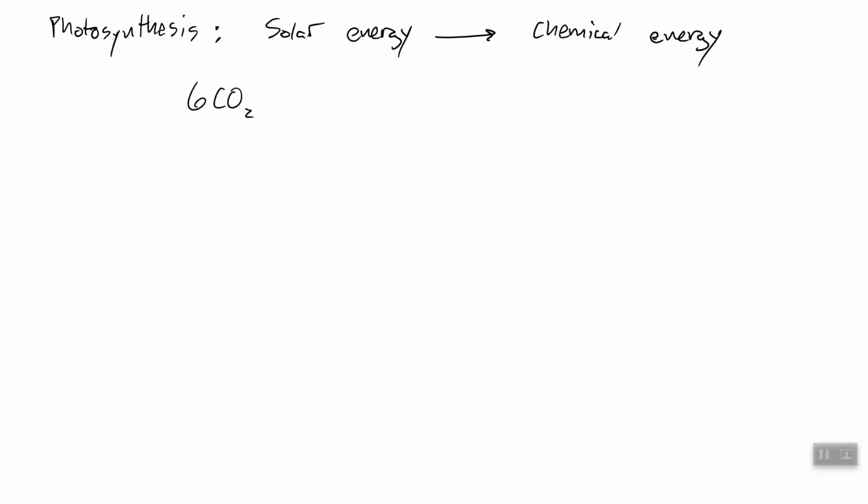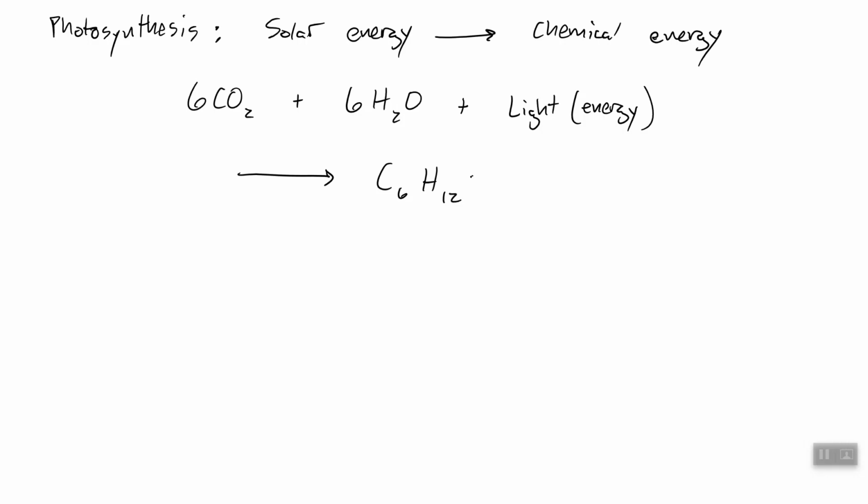If we take 6 units of carbon dioxide and combine it with 6 units of water, and then we need to add some energy in the form of light. So if we add some energy to CO2 and H2O, we yield this new compound C6H12O6 and some oxygen. This larger compound here is glucose, or just a sugar, and think of it just as chemical energy.